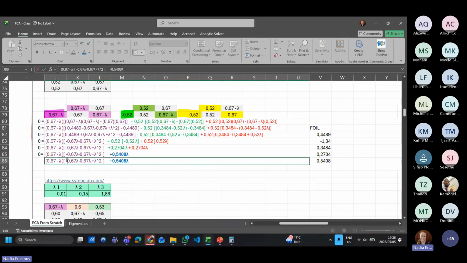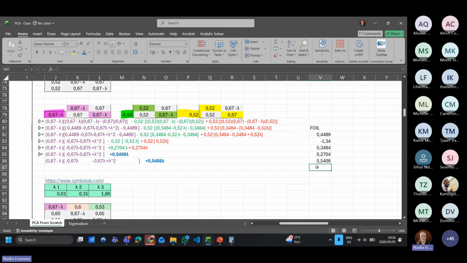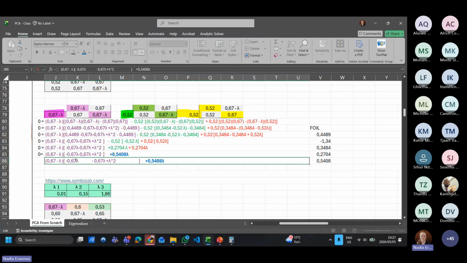This one is where it can become tricky. It's 0.67 multiplied by negative 0.67 lambda. So 0.67 times 0.67. We have this one already, don't we? It was this one. Yes. It's just that it's minus, so it is 0.4489, and this is just for this one. We're working with the one first, and then we'll work with the other one.